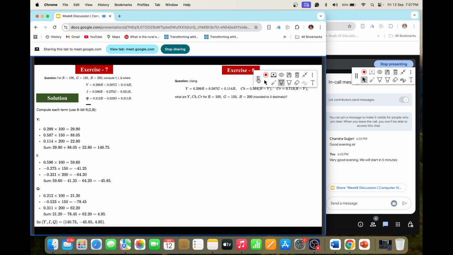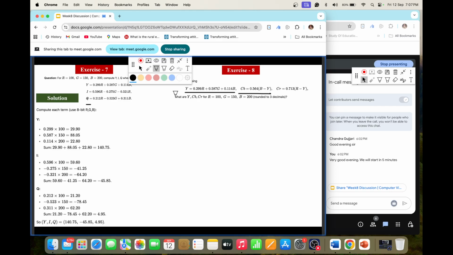Second, you have this question regarding the YCbCr model. The formulas are also given for this Y, this Cb, and this Cr, and RGB values are given as 100, 150, and 200.